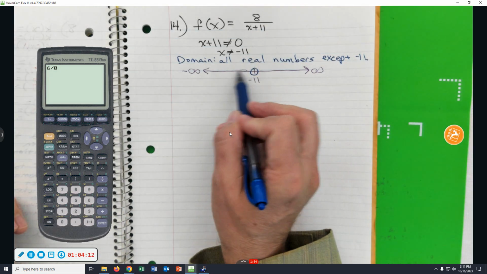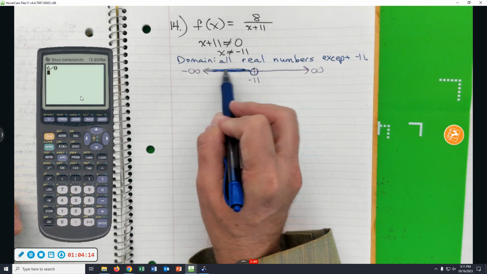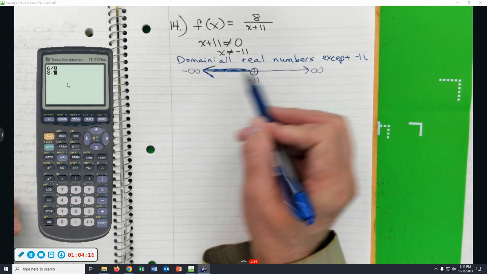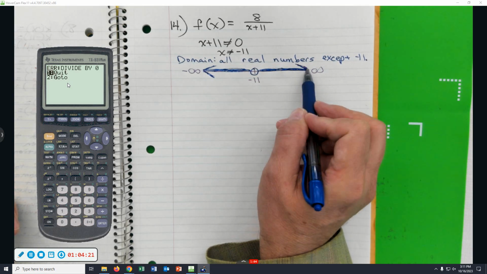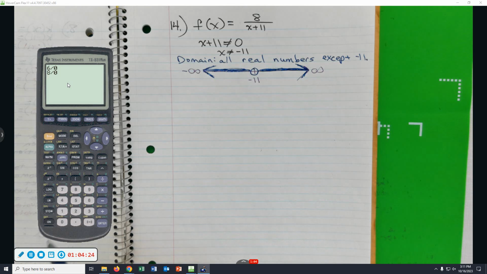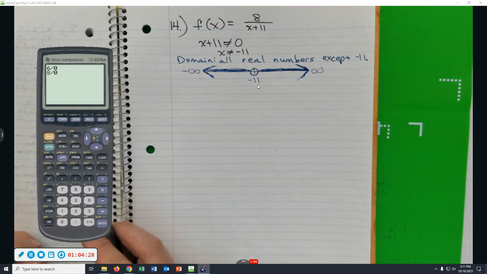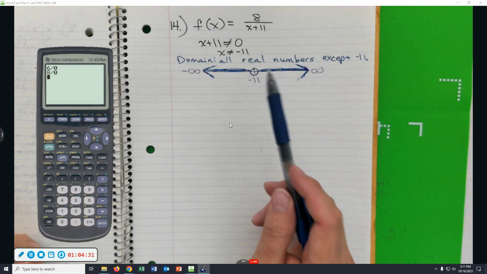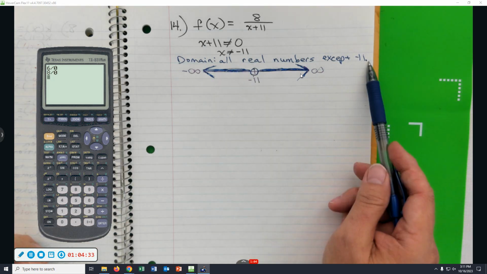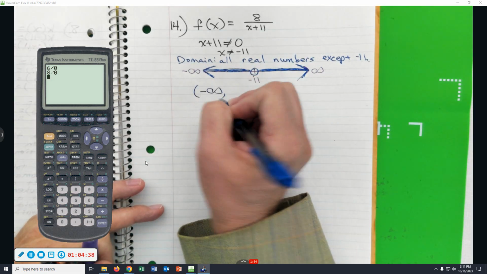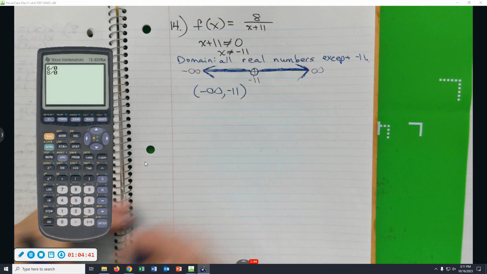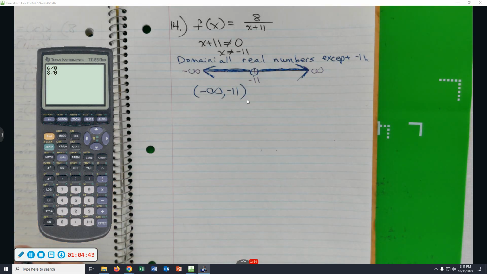But it can be anything over here or here. The only number on that number line that isn't shaded is what? Negative 11. So to express all real numbers except negative 11, you have negative infinity to negative 11, parenthesis. What would we put between the intervals when we had more than one interval?